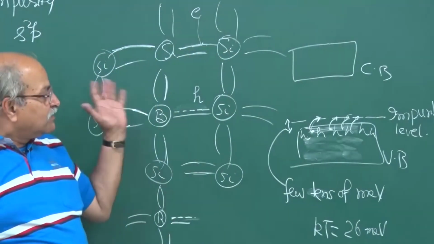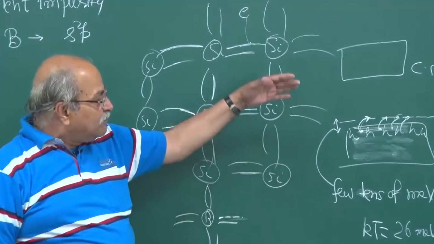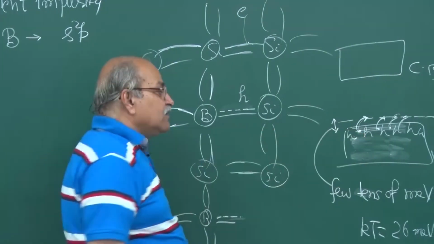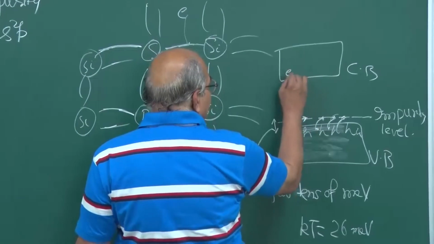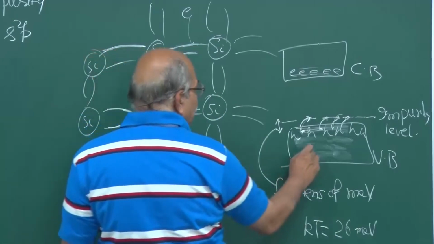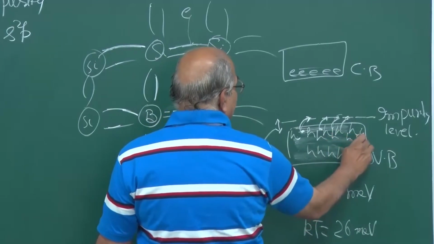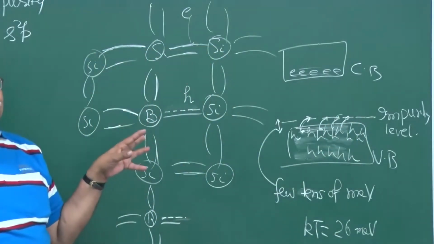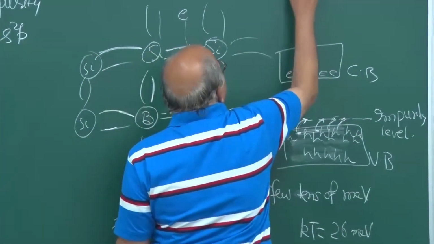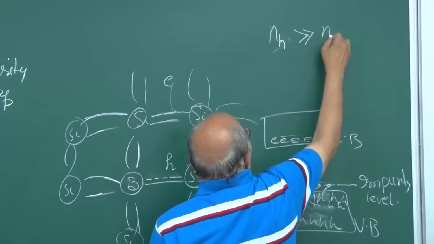So by putting this trivalent impurity in silicon, you are creating many new holes in the valence band. To start with, there were some quantum states filled by electrons in the conduction band, and corresponding holes were there, but now you are putting many more holes through this doping. So in this case what will happen? N_H will be much larger than N_e.